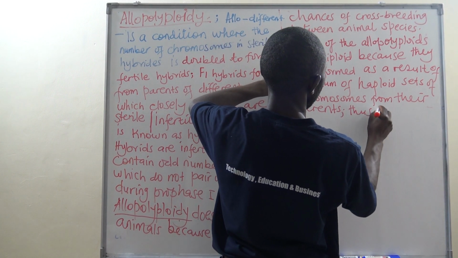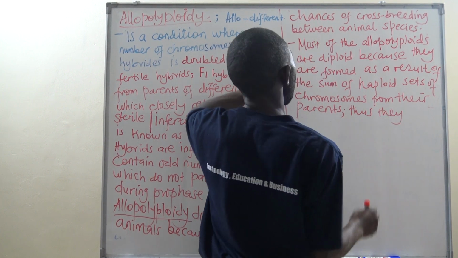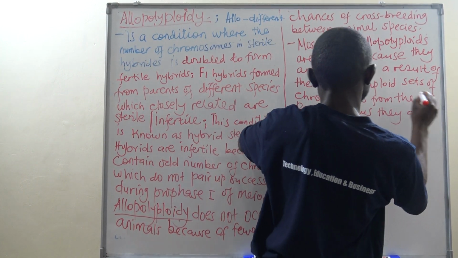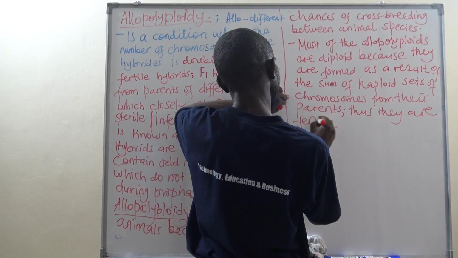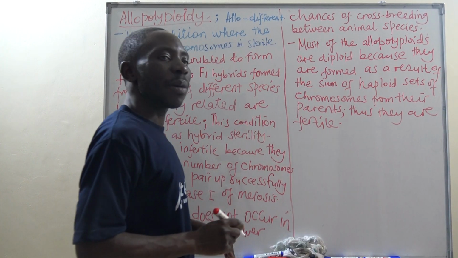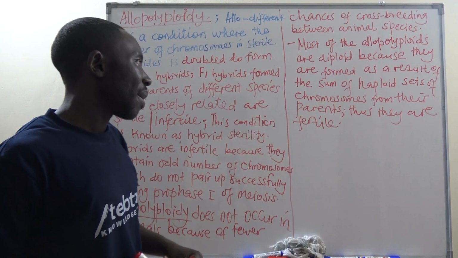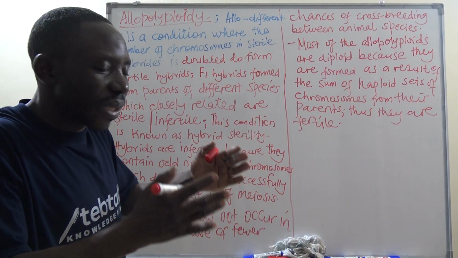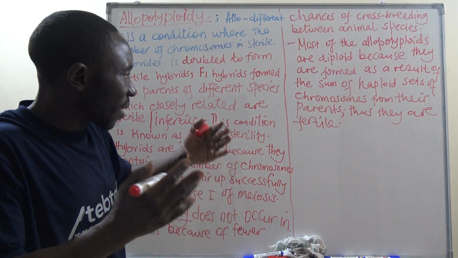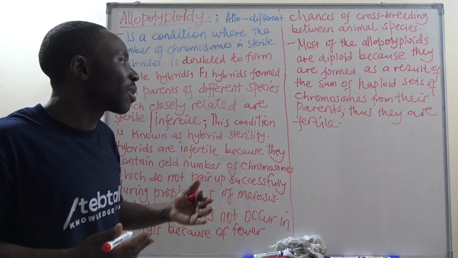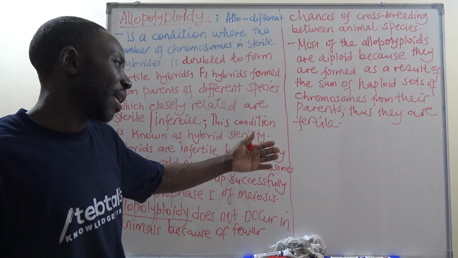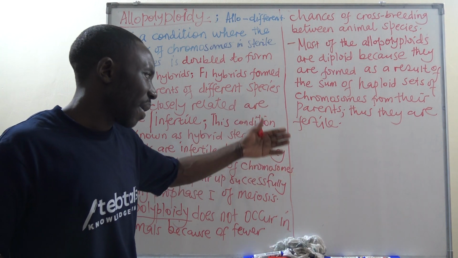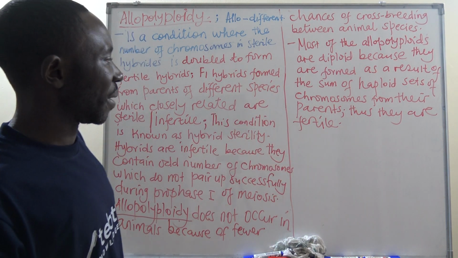Thus, they are fertile. Since they are diploid in nature, because they are formed as a result of the sum of haploid sets of chromosomes from their parents, then we can say that they are fertile.